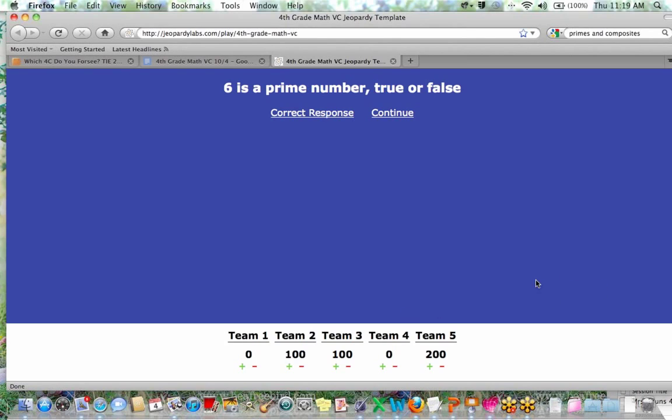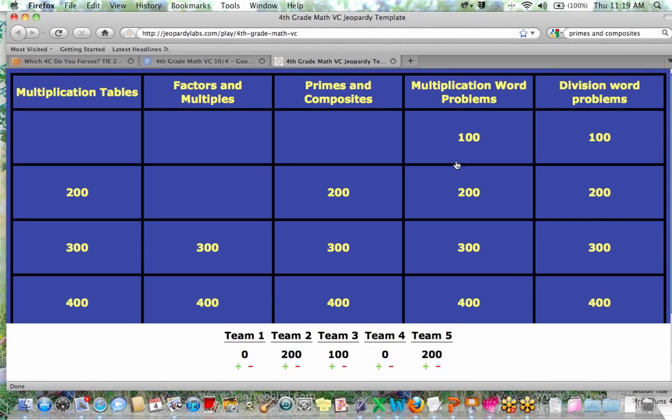First person that buzzed in with the correct answer was, oh, looks like Jaden again. It's false. It is not a prime number. Okay? 6 has different factors. It has a 2 and a 3, as well as, of course, 1 and 6. Okay? All right, good job, Jaden. You got the points. Here we go.